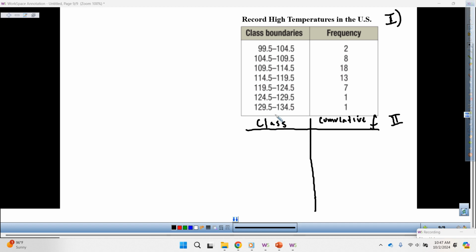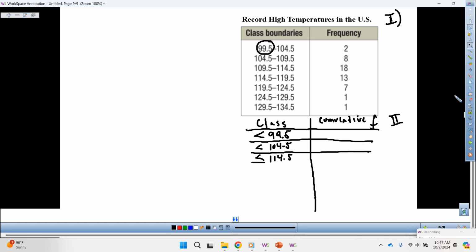I'm going to start with the smallest one. What is the smallest temperature? 99.5, but I'm going to label it like this. Less than 99.5. Next class. Less than 104.5. Less than 114.5. Oh, 109.5, my bad.